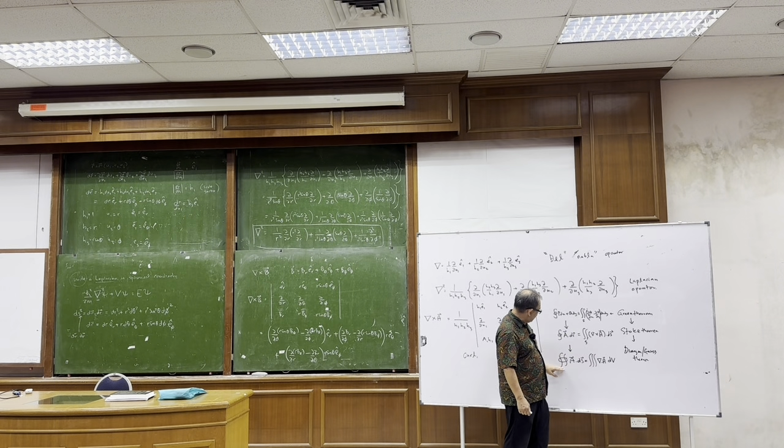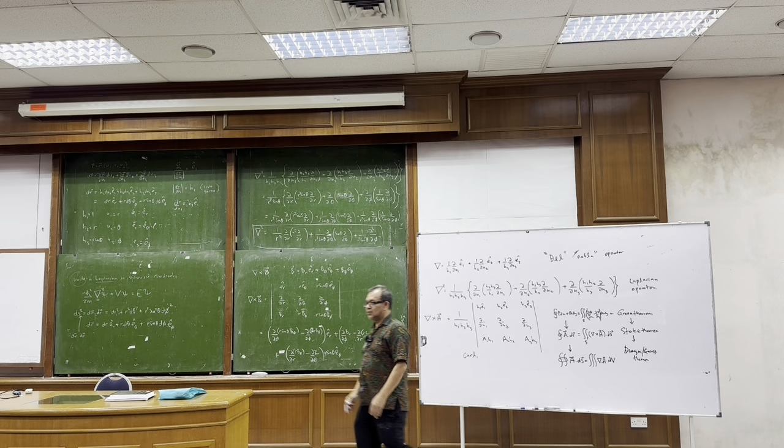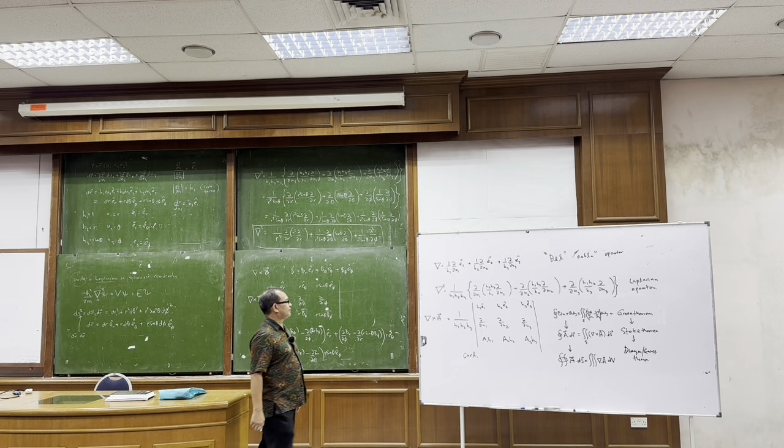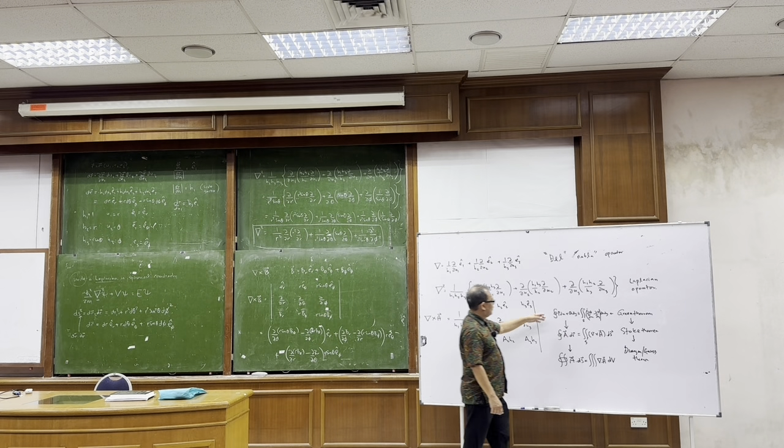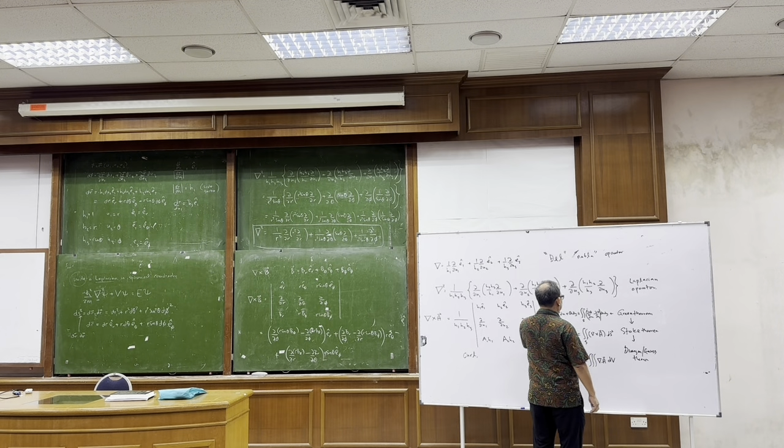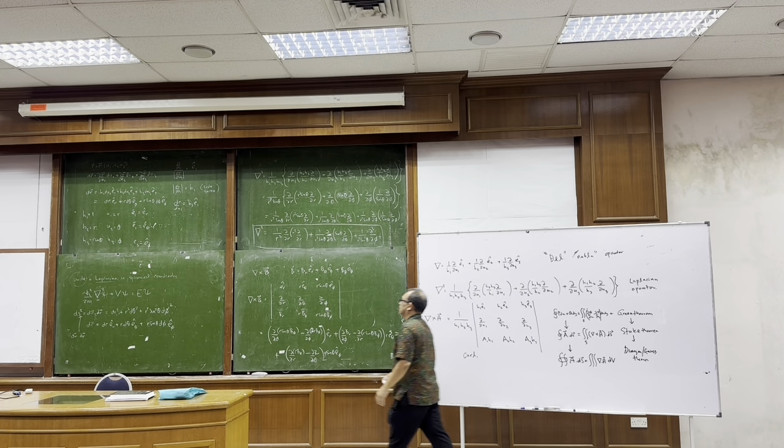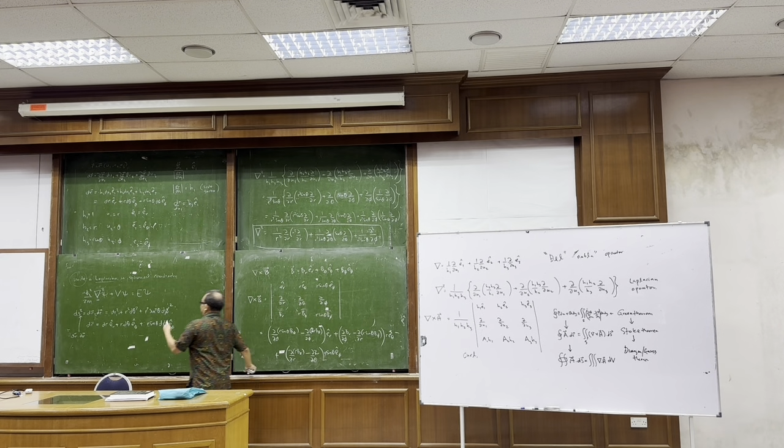Very easy to remember: line integral, surface; surface integral, volume. That's it. So very much related. Now we go to the fundamental, which is Green's theorem. How do we see it?